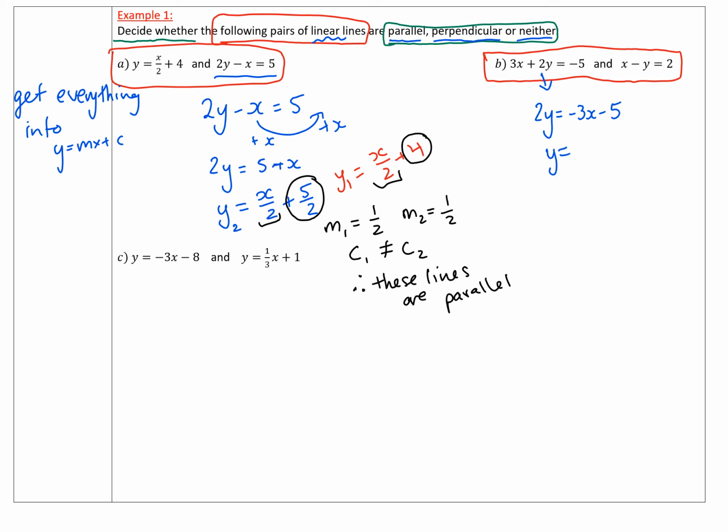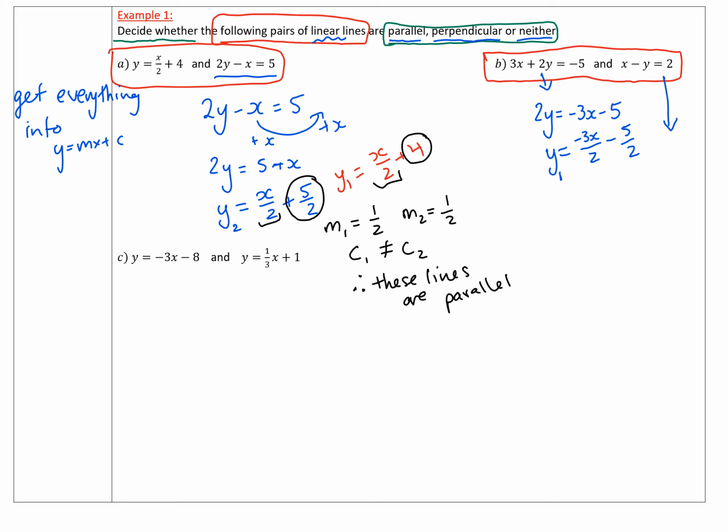If I divide by 2, the first term is negative 3x on 2, and the second term is minus 5 on 2. So for my y1, the first graph, I've got a gradient of negative 1.5, or negative 3 over 2, and a y-intercept of negative 5 over 2. Let's see if we can take the same method for y2.